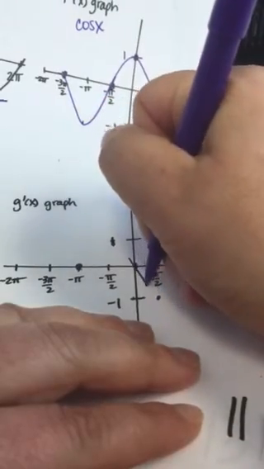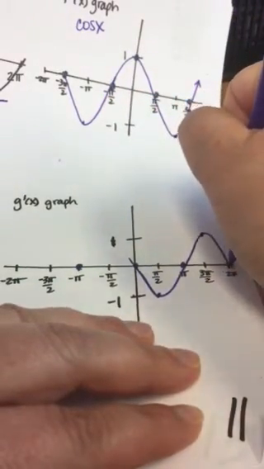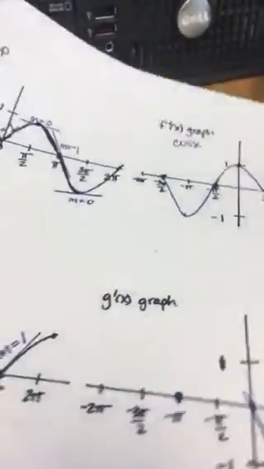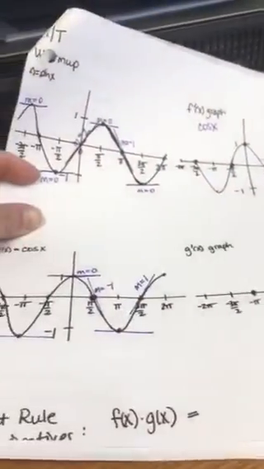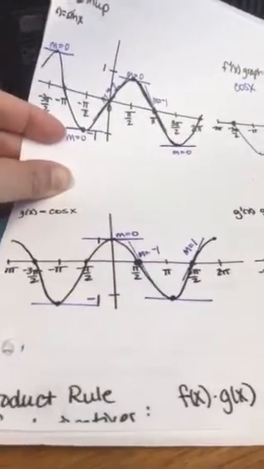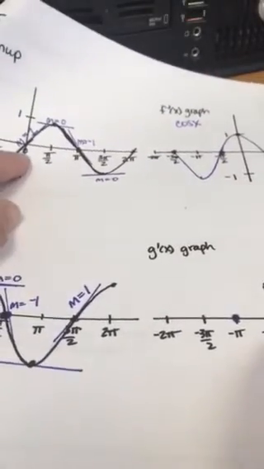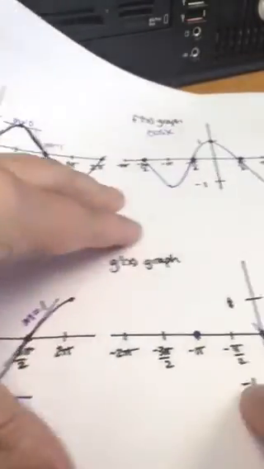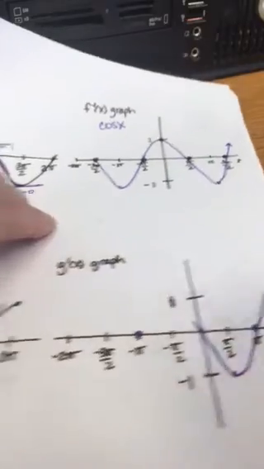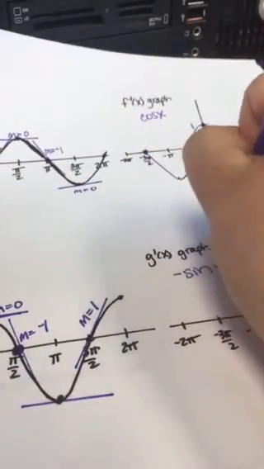Okay, so this curve actually goes up here and comes back down here. So when you look at this and compare it, yes, they are related to each other. The derivative of sine is a cosine curve. When I look at cosine, it would be nice if they just switched back and forth, but compare these two. The sine curve initially started at 0 and went up, but now it started at 0 and went down. So the derivative of cosine is a negative sine.